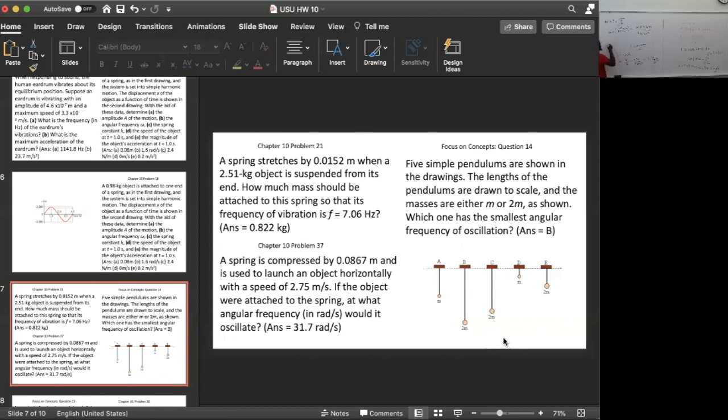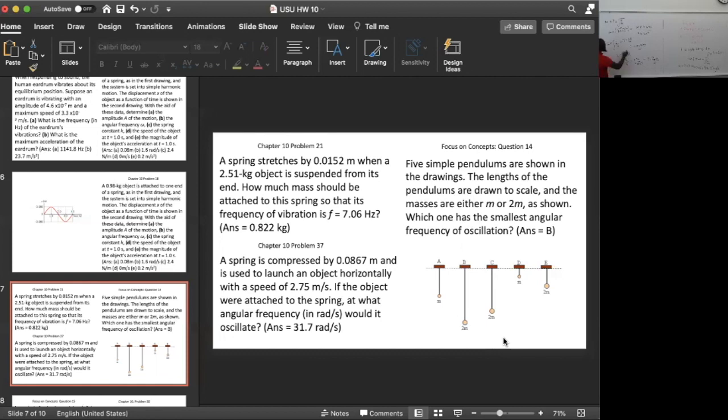Remember, 2 pi root L over G is your period, and this is the same thing as 2 pi over omega. So it doesn't depend on the mass. It only depends on the length. Which one has the smallest angular frequency?